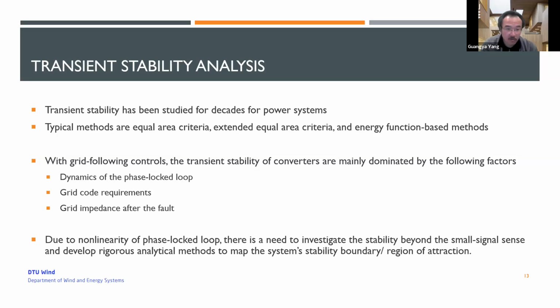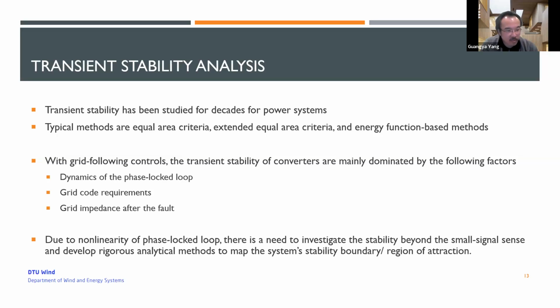Those requirements actually impact the starting point of the turbine after the fault, because it depends on those controls. Controls will drive the operating point to a different area depending on the requirements, and this has an impact on the transient stability capability of converters.